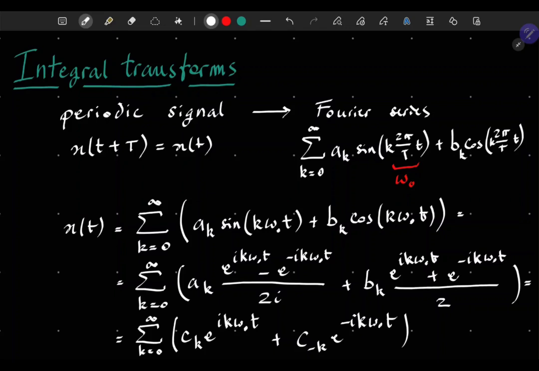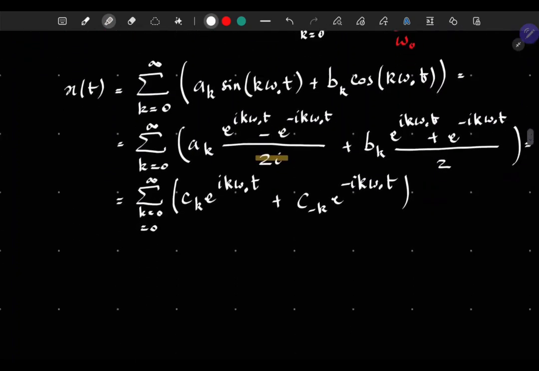Note that these coefficients will in general be complex, as they also contain the 1 over 2i coefficient, coming from a k and b k. Now we can put everything together by just letting the sum run from minus infinity to plus infinity. And what we obtain is the following.